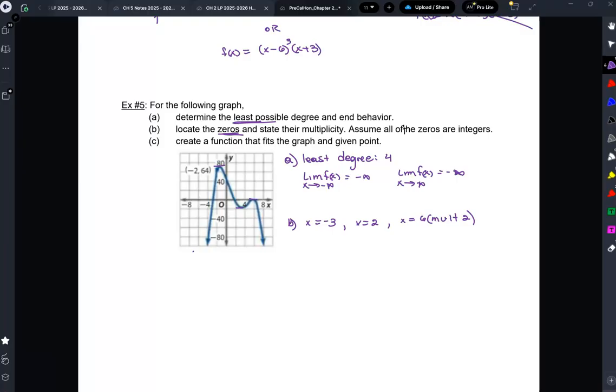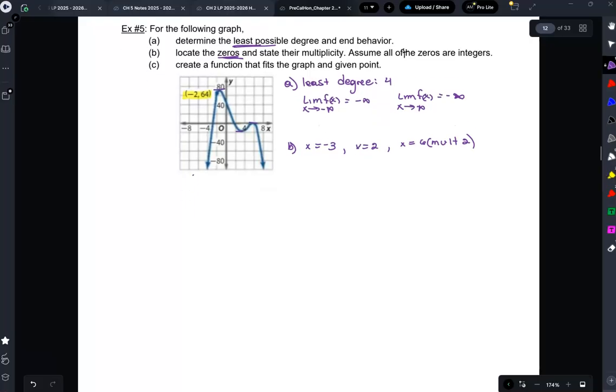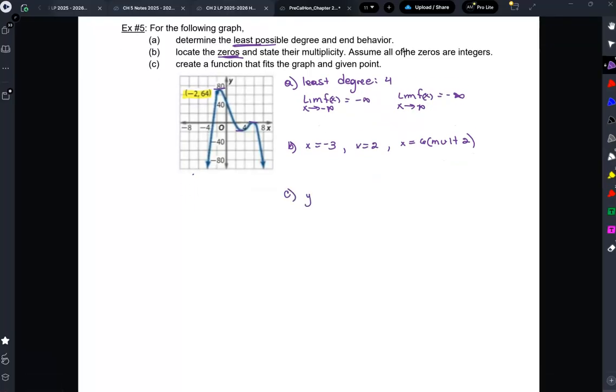Okay, so now create a function that fits the graph and the given point. This time we've been given a point. So here's how you're going to do it. You're going to say y equals a, remember the a, times x plus 3, x minus 2, x minus 6 squared. Now this point I'm given is x and y, so I'm going to plug that in.